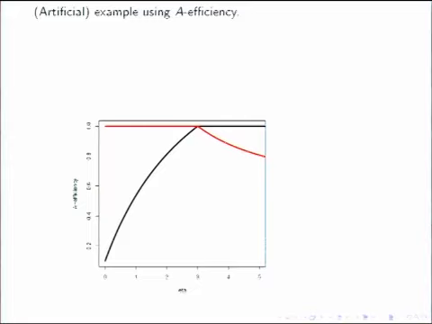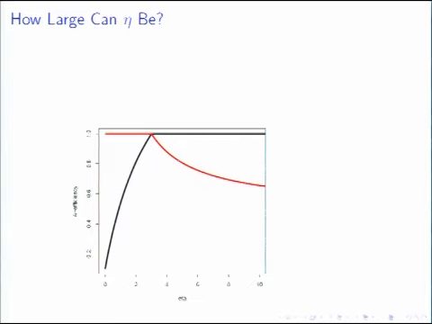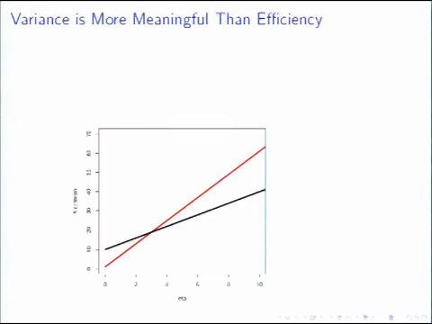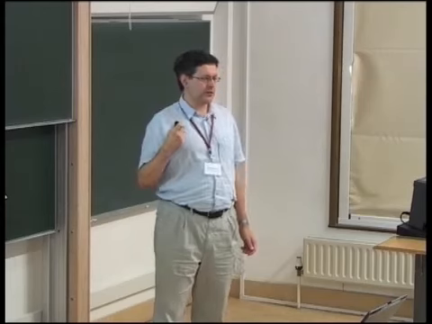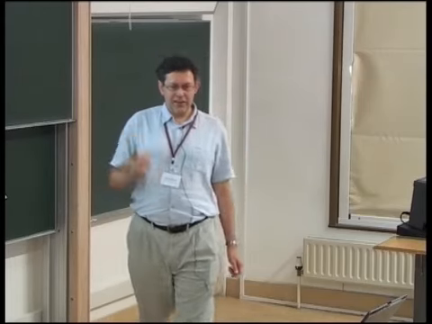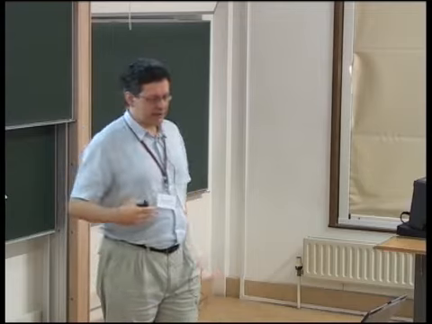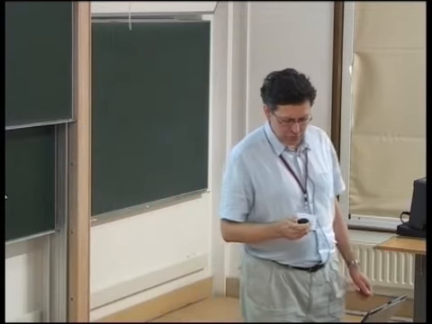Now the first point is, if you're looking at that for different eta, why do you stop at 5 or 10 or wherever? Why do you stop at any particular point? It doesn't look quite so good if you go up to eta equals 10. Second point is, efficiency is the wrong thing to look at. You really have to look at variance rather than efficiency, because variance is what translates into pounds or euro or dollars or whatever.